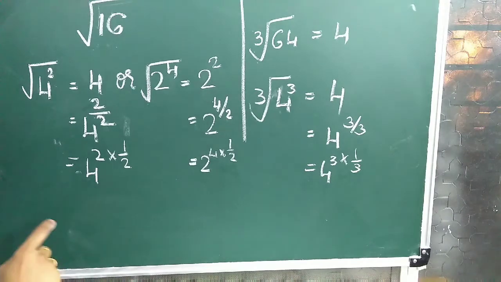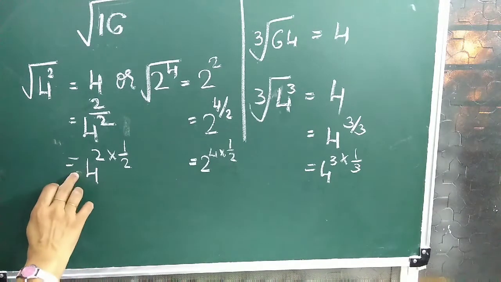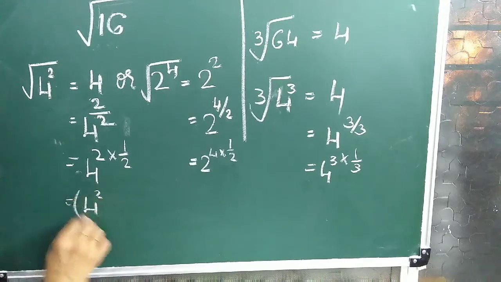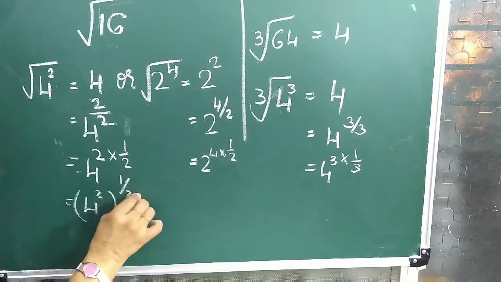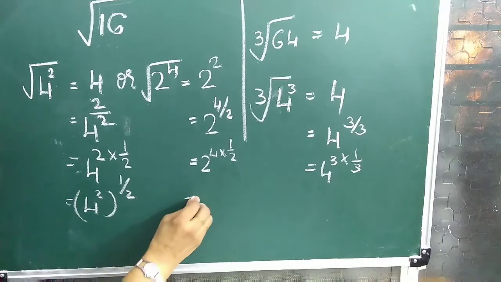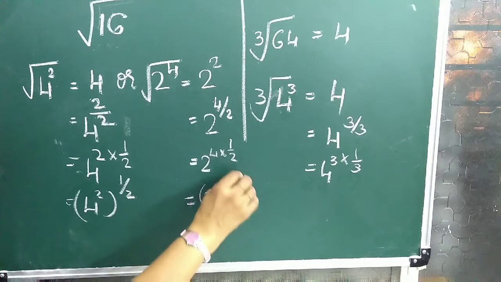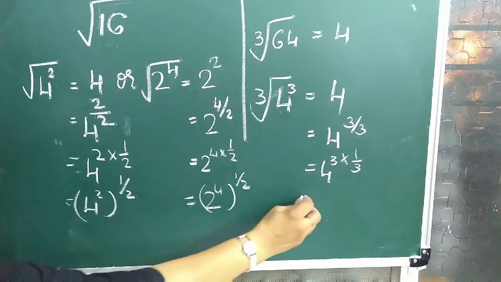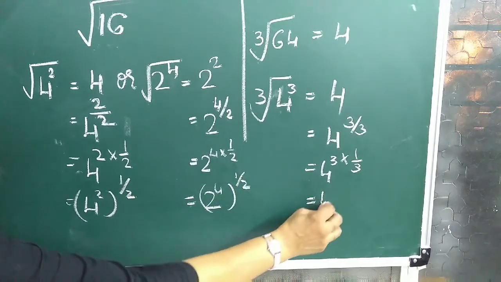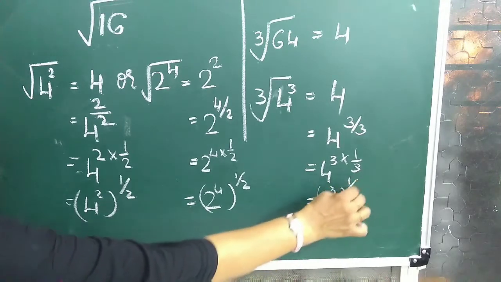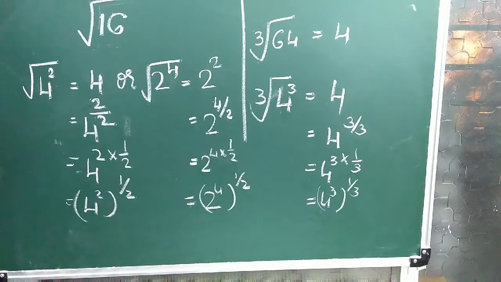Now again this can be written as 4 square whole to the power 1 upon 2, and this can be written as 2 to the power 4 whole to the power 1 upon 2, and this can be written as 4 cube whole to the power 1 upon 3.